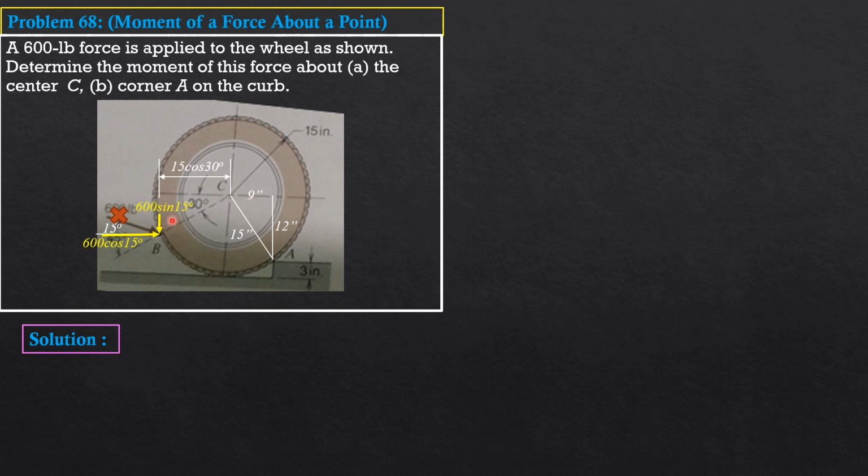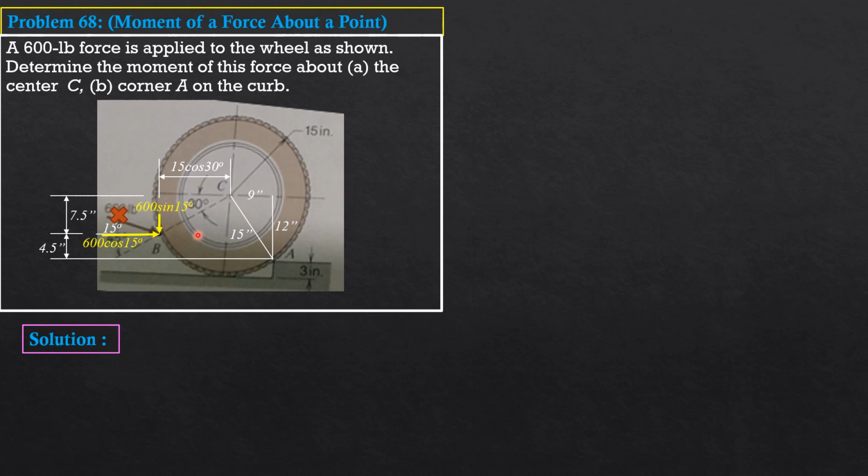Radius, hypotenuse, cosine of 15. This distance is 15 sine of 30, and that's 7.5 inches. Therefore, this distance is 12 minus 7.5, so 4.5 inches.